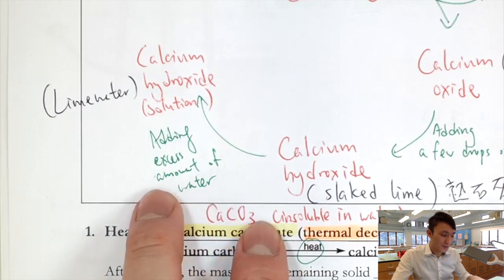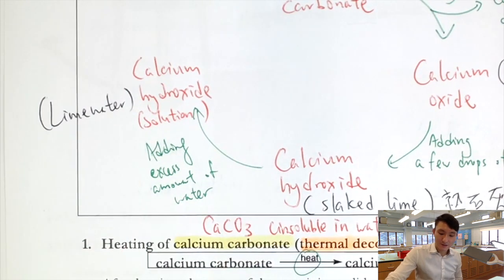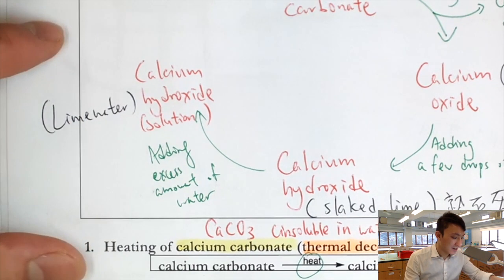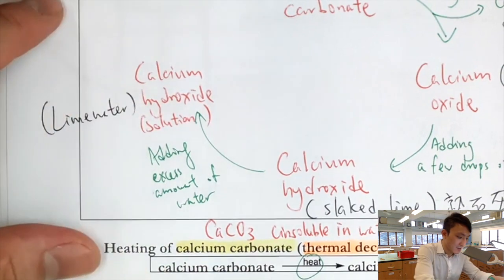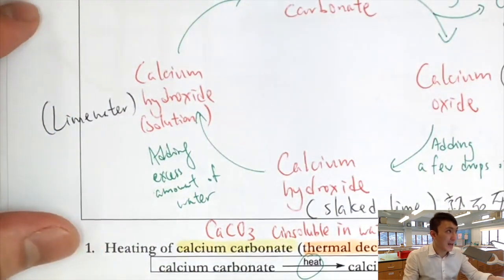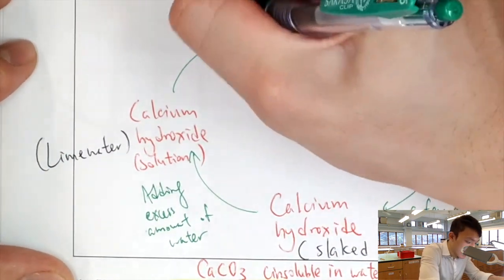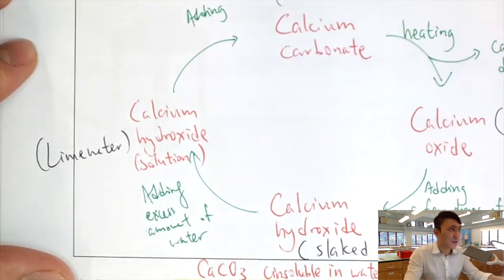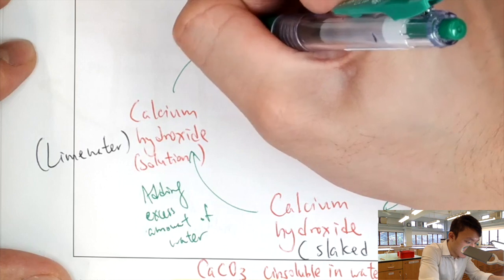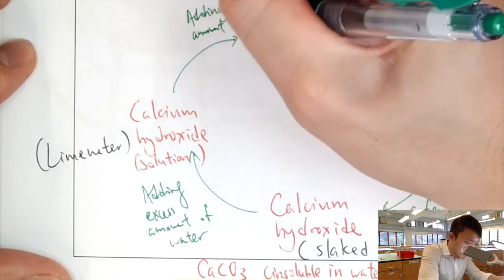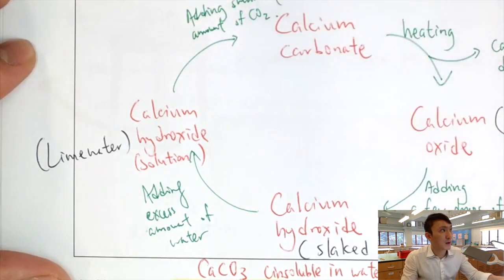All right. And the second last step is that when we bubble carbon dioxide into calcium hydroxide, like here, adding a small amount of CO2.